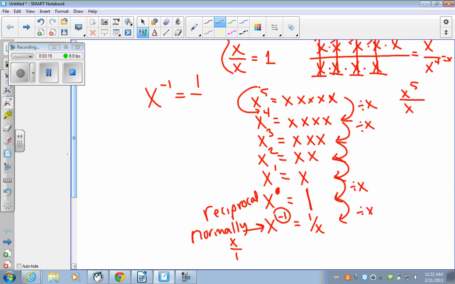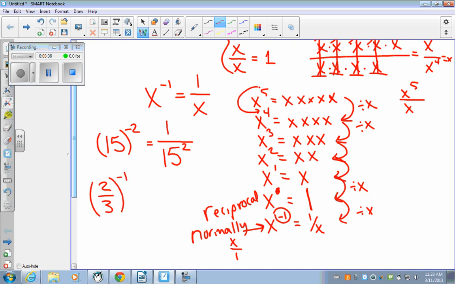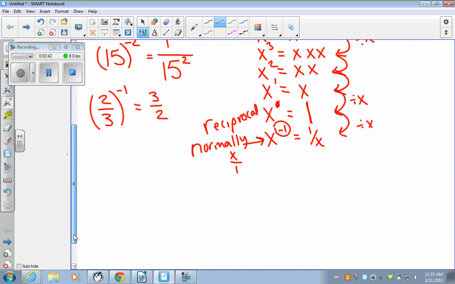So any number to the negative 1 power is 1 over that number. So if I had 15 to the negative 2, that would be 1 over 15 squared. If I had 2/3 to the negative 1, that would just be 3/2. It's a reciprocal function, flipping it.